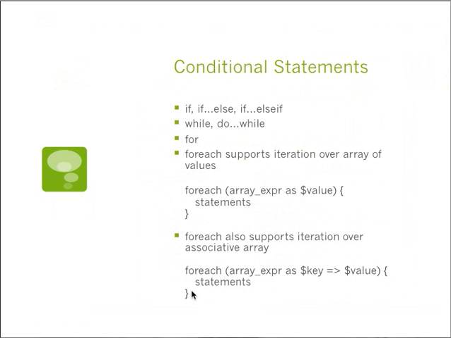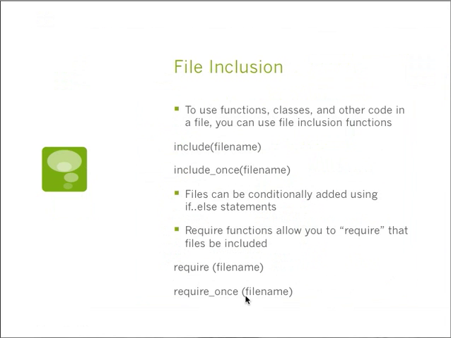So as you iterate through the loop with an associative array, you can get access to both the key and the value using this notation.